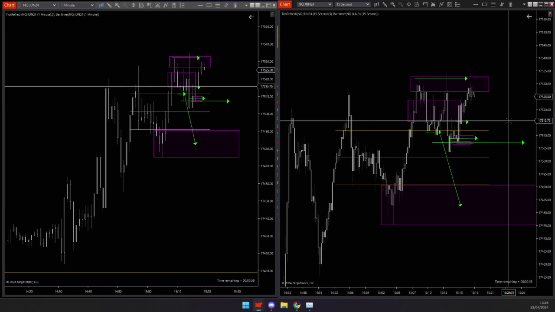There's the second imbalance. There's the first imbalance. There is the first imbalance puts in a new high. So when the first imbalance puts in a new high and breaks structure, then we can pull back to fill the rest of the imbalance. There's also that move there. There's plenty of things when it comes to narrative.